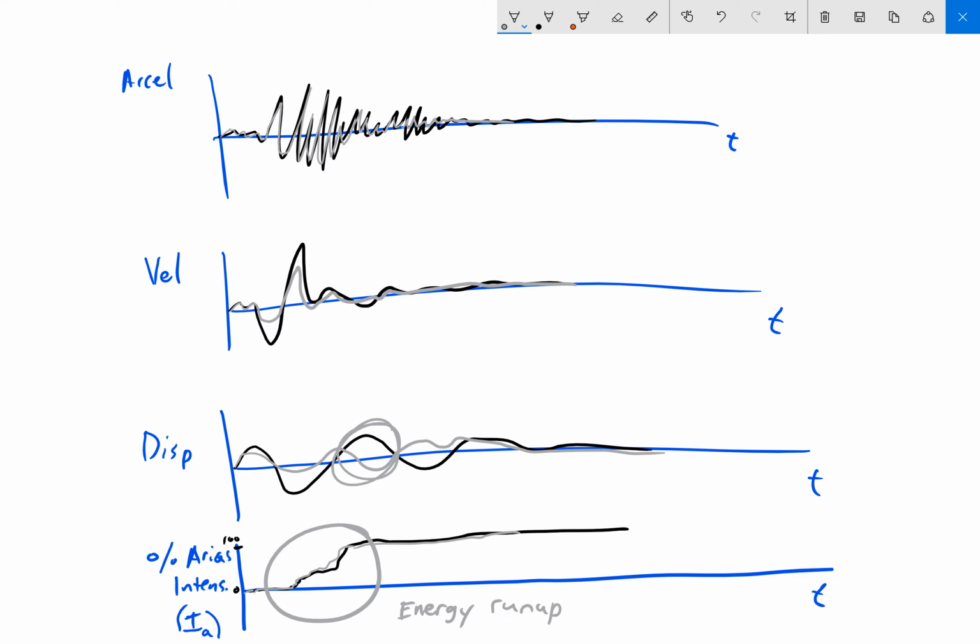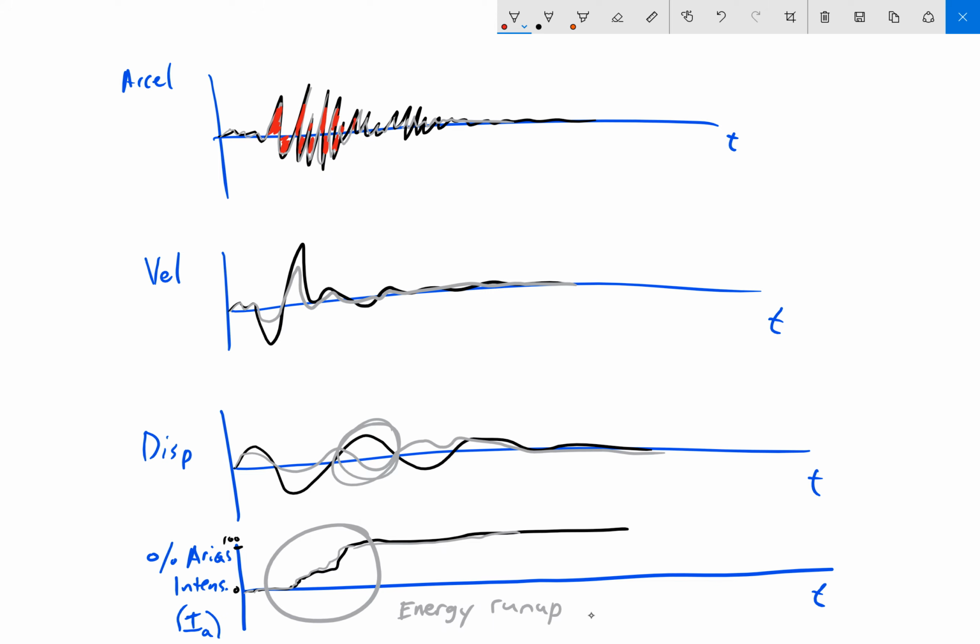Some of you may be wondering what in the world I'm talking about when I say Arias intensity. Go back to the ground motion parameter lecture, where I talk about what Arias intensity is. Really, all we're doing is measuring the area beneath each one of these cycle loops, and essentially summing up that area.